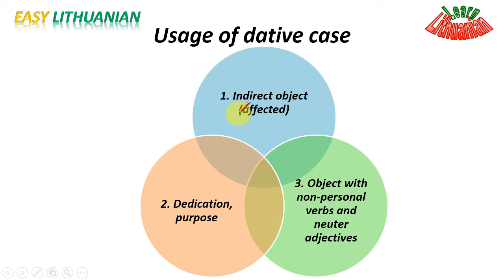So it could be said that the objects are indirect. And we can also just say that dative is used with certain verbs, so that's it. This is the first usage.